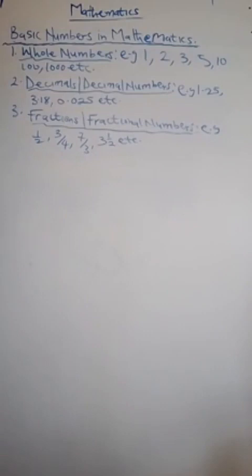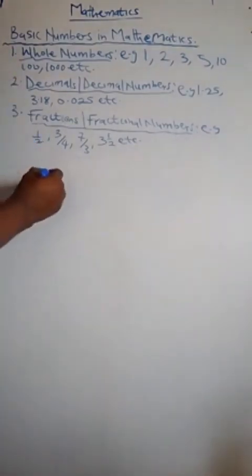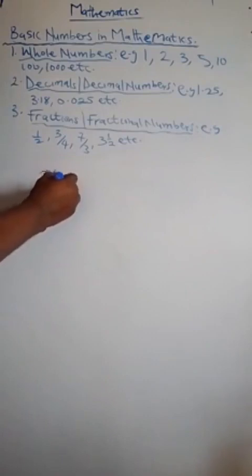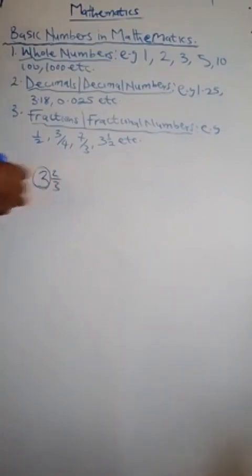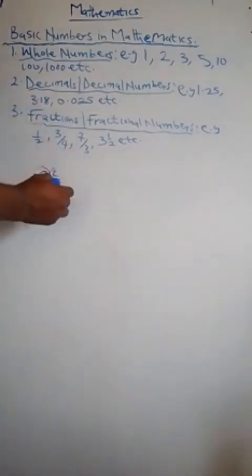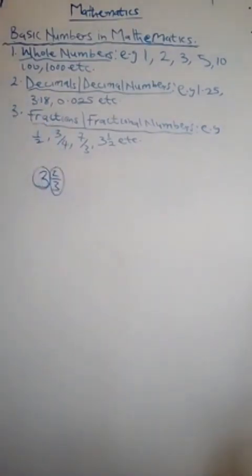A mixed number is a number in which a whole number and a fraction are joined together. For example, 3 whole number 2/3. 3 is the whole number part, while 2/3 is the fraction part.